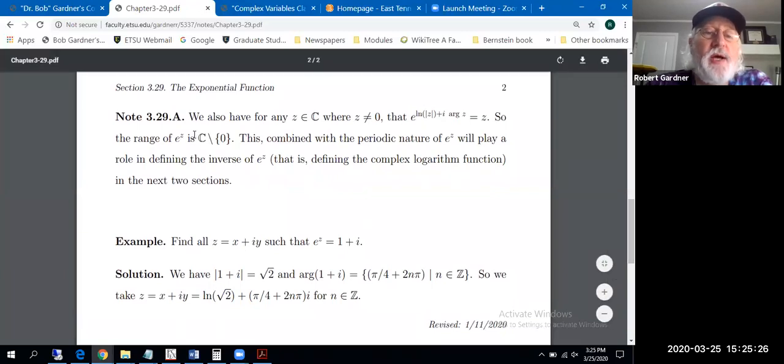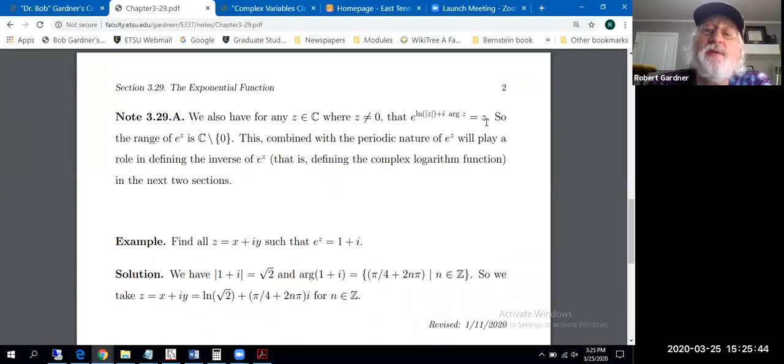Note 3.29.a states, if we take any non-zero complex number z, and put into the exponential function the natural log of the modulus of z plus i times the lowercase a argument of z, then we'll get z back out.